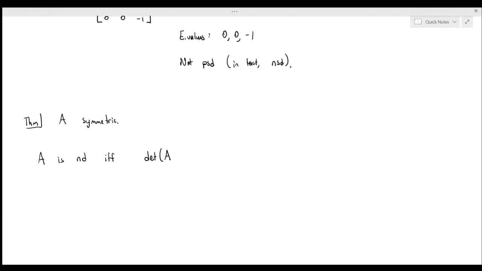So instead, to be negative definite, these determinants have to alternate in sign. So the first one has to be negative. The second one has to be positive, and then it has to keep alternating as such.